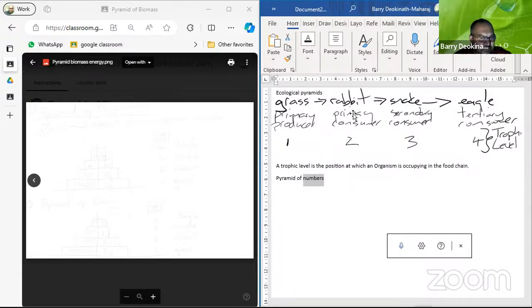Is it going to be one snake that is going to eat that one rabbit? Is it one eagle that is going to eat that one snake? Is it like that in reality? No, sir. No, we are going to have different numbers. So we could analyze and get information from numbers, not so?